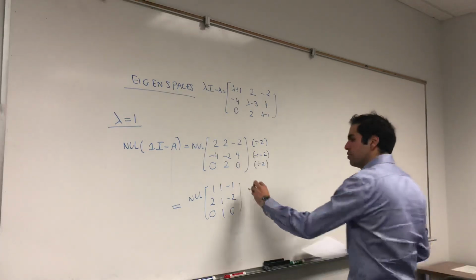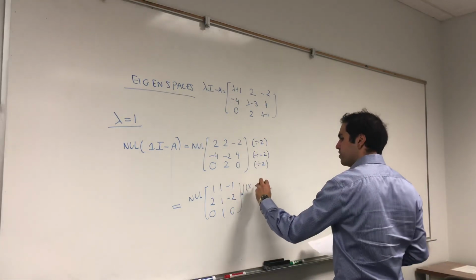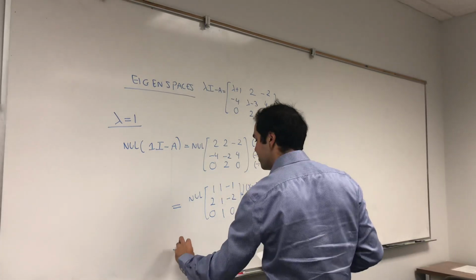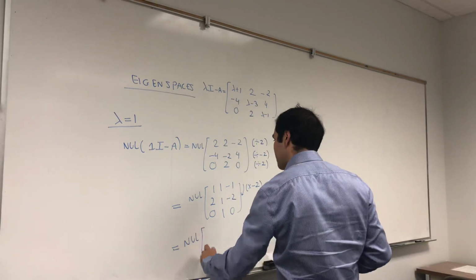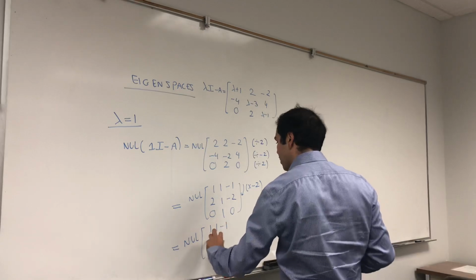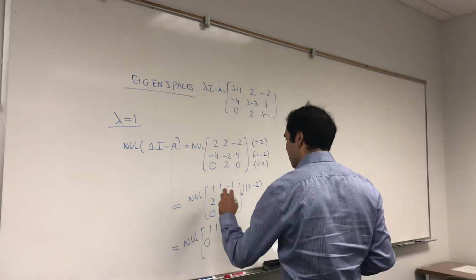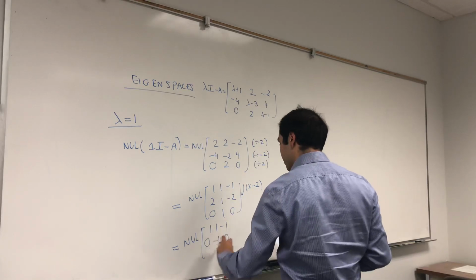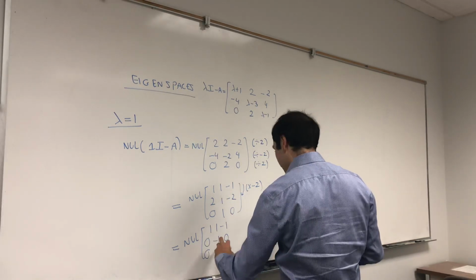And then you row reduce. For example, you multiply the first row by minus 2 and add it to the second row. So it's the null space of 1, 1, minus 1, 0, minus 1, 0, and then 0, 1, 0.